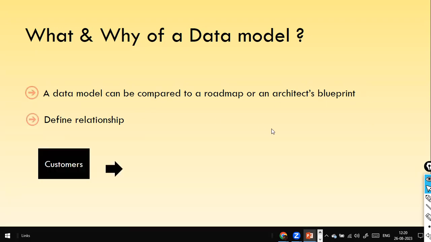The data model is somewhat similar to your roadmap, or the building architect's blueprint. Without a proper blueprint, if you start constructing the house, what will happen? Later, if you realize it requires some changes to the whole house structure, it requires a major rework. Even for making a small provision, it involves a lot of challenges in terms of getting approval from your neighbor.